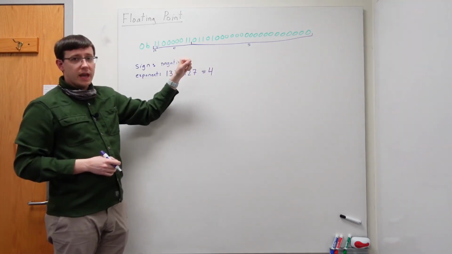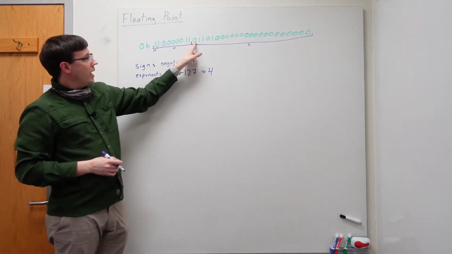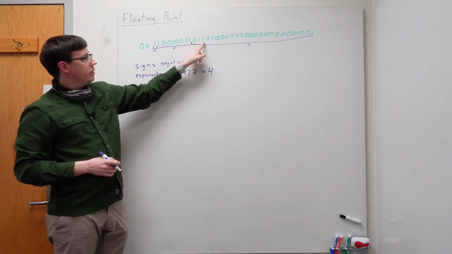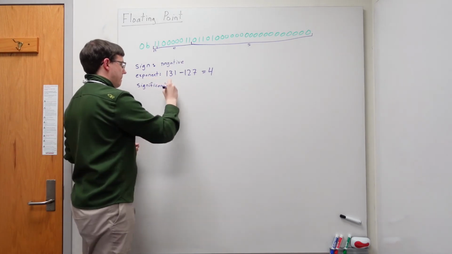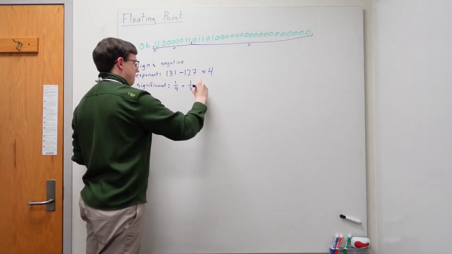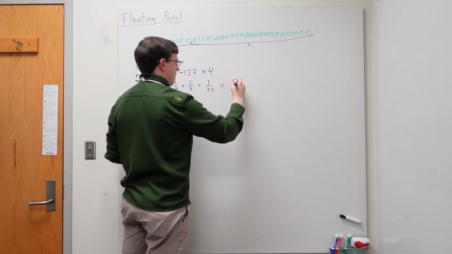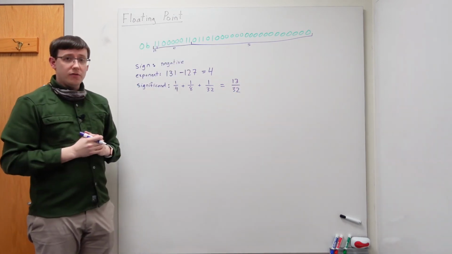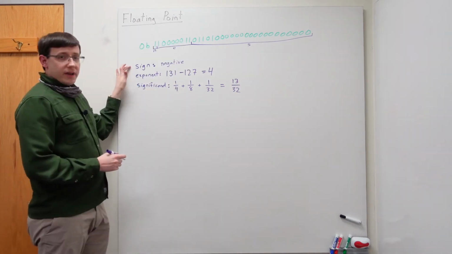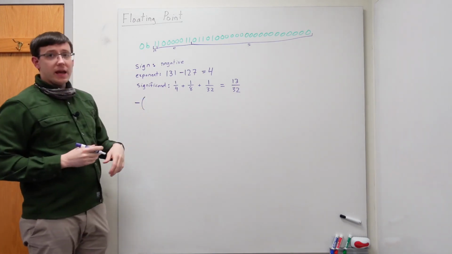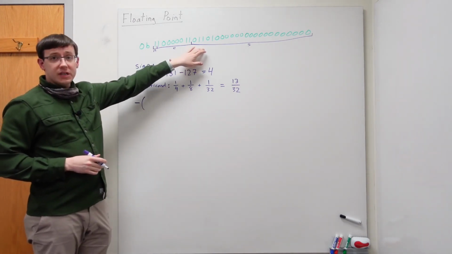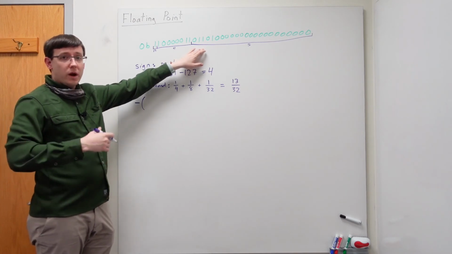Then for the significand, we have no halves, a quarter, an eighth, no sixteenths, and a 32nd. So now we can put all of the pieces together. So we have a minus sign out front. Then we have always on the significand the implied 1 point.